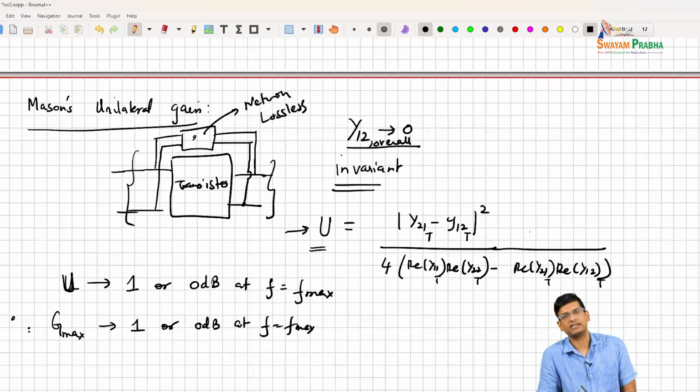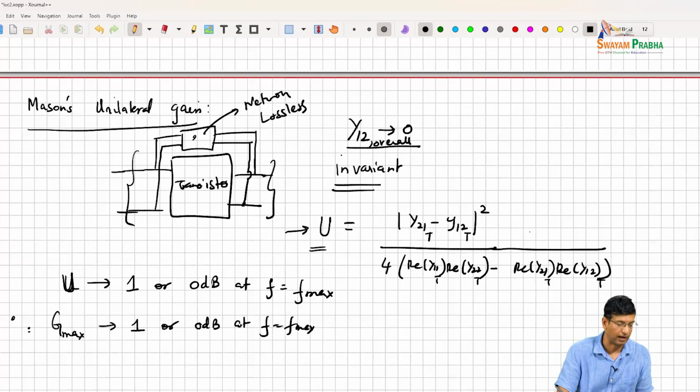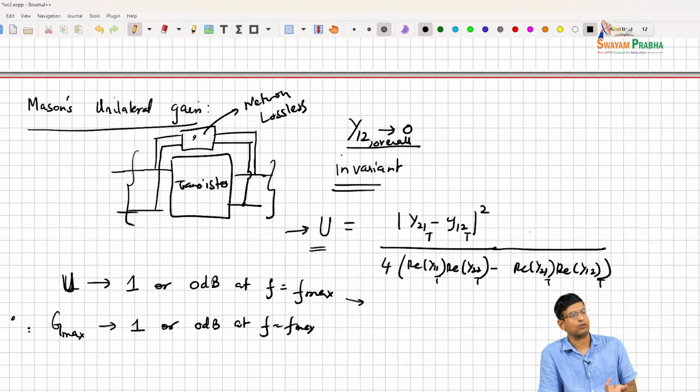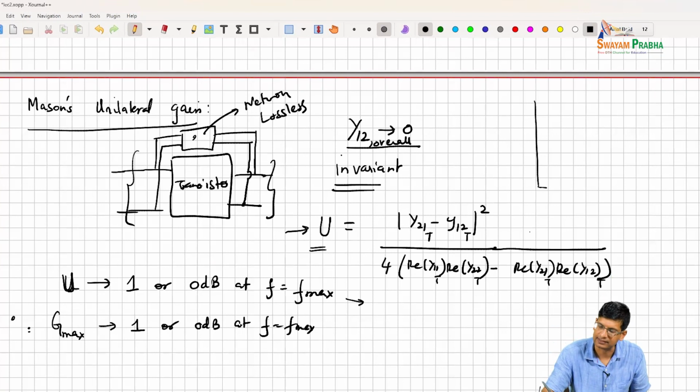So what people found, and you can show, is that U has a 20 dB a decade slope, right? So what people used to find easy to do was to measure the transistor at a somewhat lower frequency, measure U, right? Extrapolate from U what the f max is, right? So you would measure U at some frequencies, apply the minus 20 dB a decade slope, and you would get f max, right?